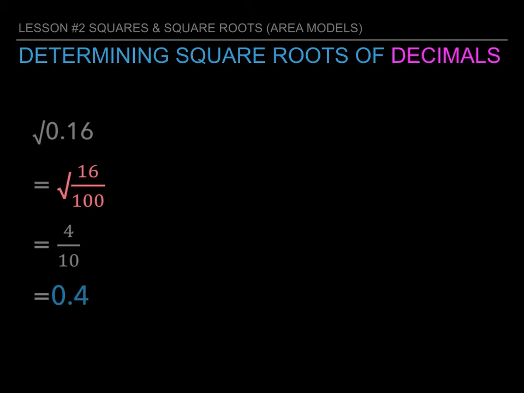And I know that it's 100 because I need to have the same number of zeros in my denominator as I have decimal places behind my decimal point. So the square root of 0.16 is the same as the square root of 16 over 100. The square root of 16 is 4. The square root of 100 is 10. Therefore, the square root of 0.16 is 0.4.